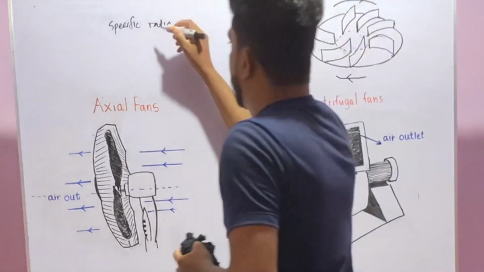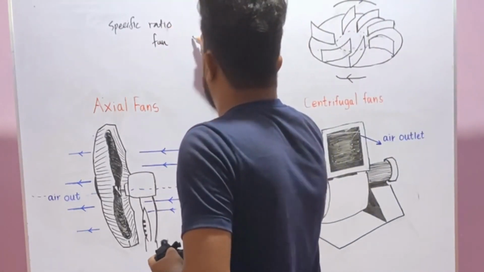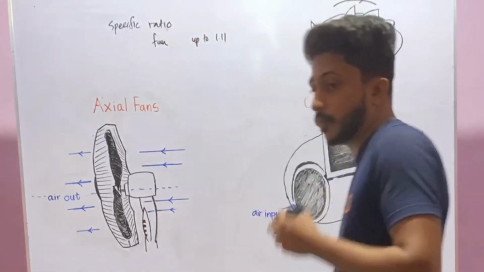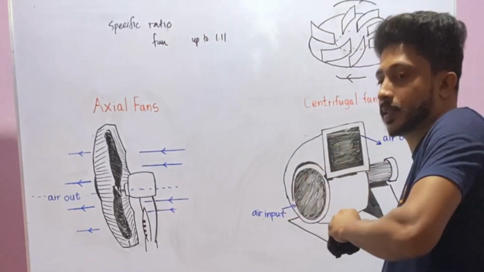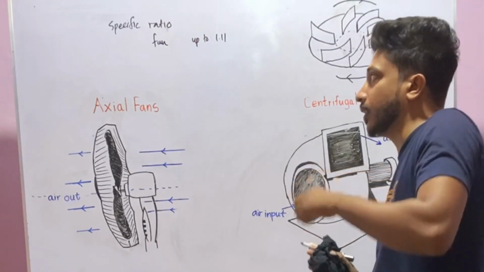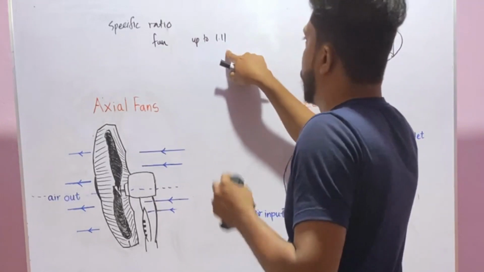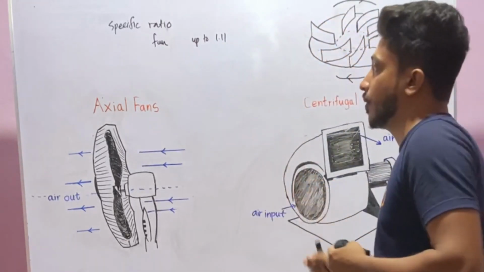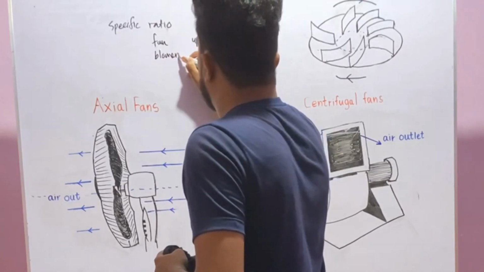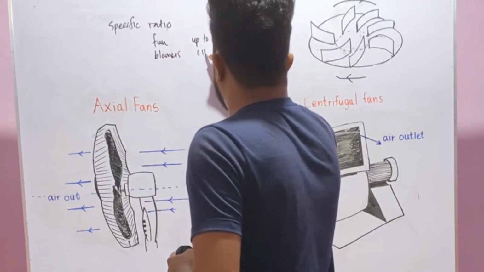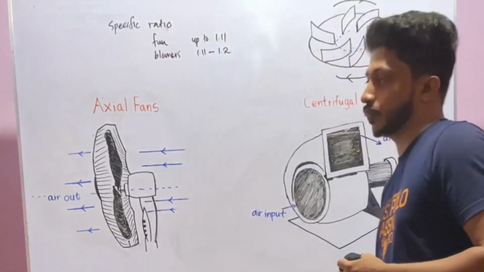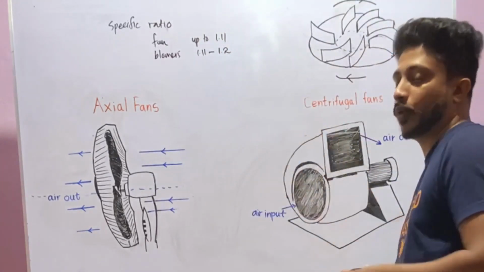For fans it should be up to 1.11. So compared to the suction pressure, it is not much developed at the delivery end. It is just 0.11 more. In blowers it is between 1.11 and 1.2.